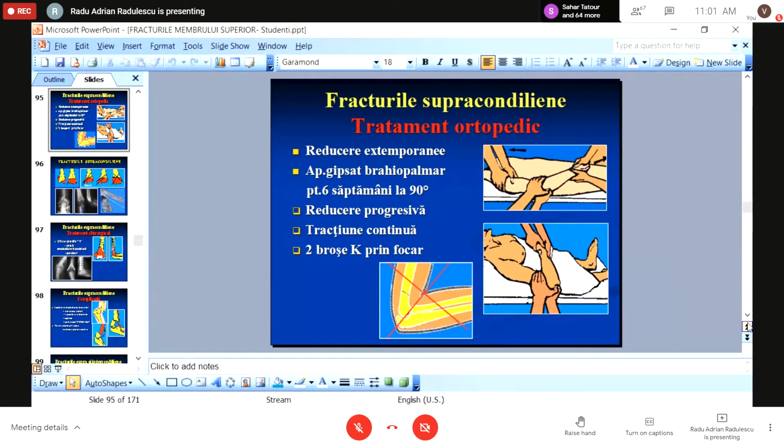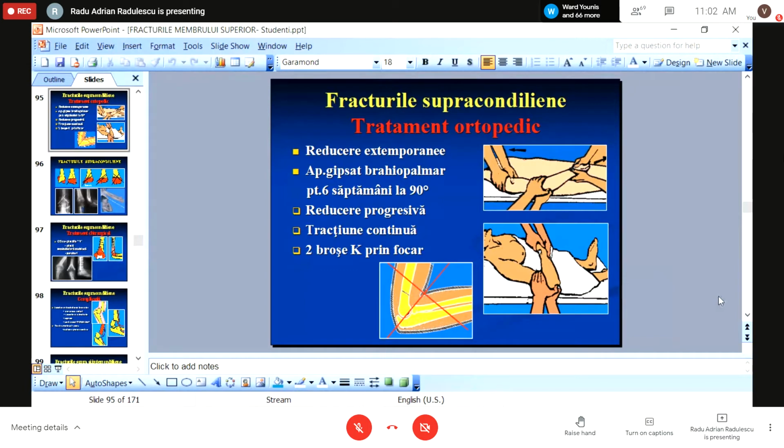But of course, this treatment must first of all provide the reduction of the fracture. Reduction may be done by external maneuvers, like you can see in this slide. There is something we need to do in order to obtain a good reduction. We put the elbow in hyperflexion. You can see here, we put the elbow in hyperflexion.